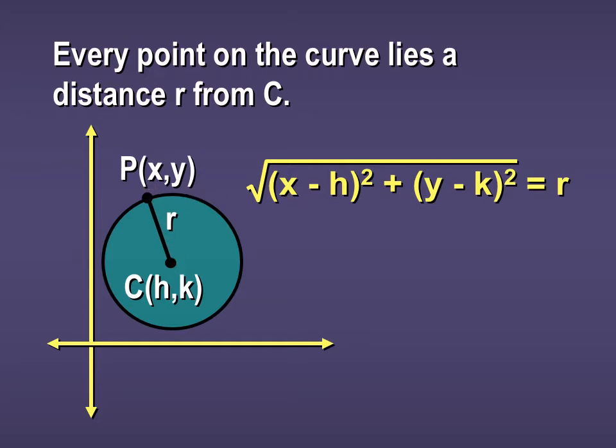So we can manipulate that a little bit. We are going to square both sides, and we get x minus h squared plus y minus k squared equals r squared. This is what we call the work form of a circle equation, okay?